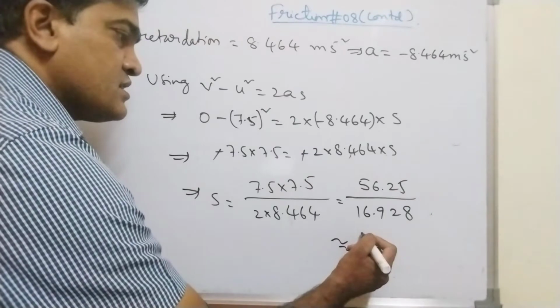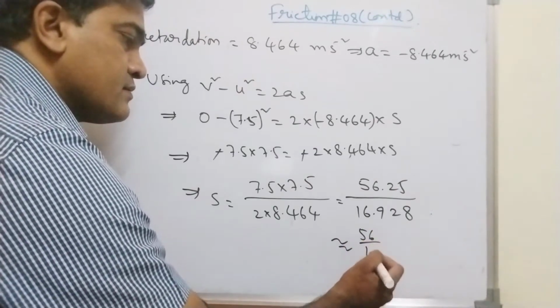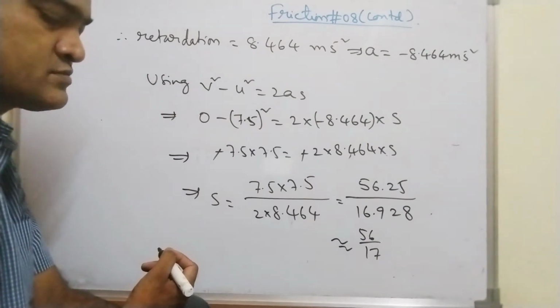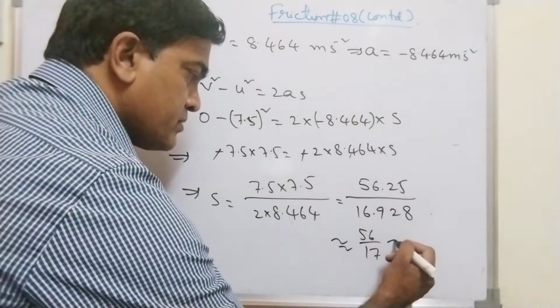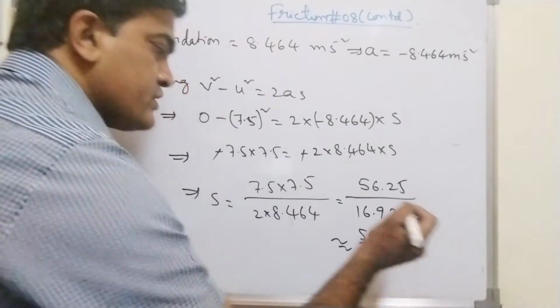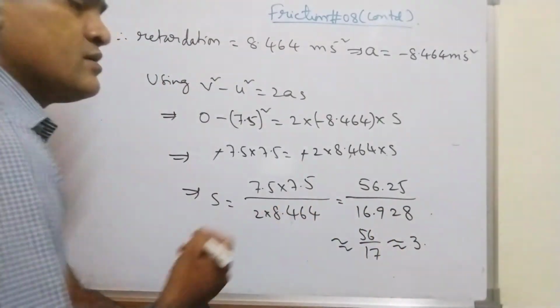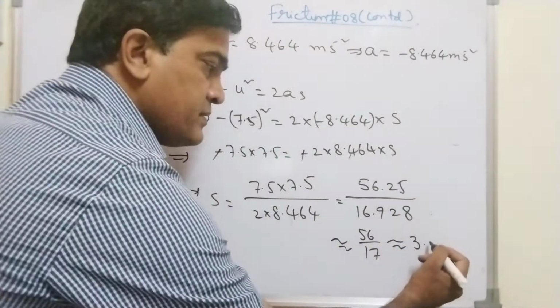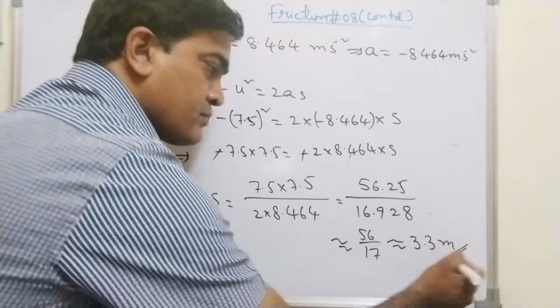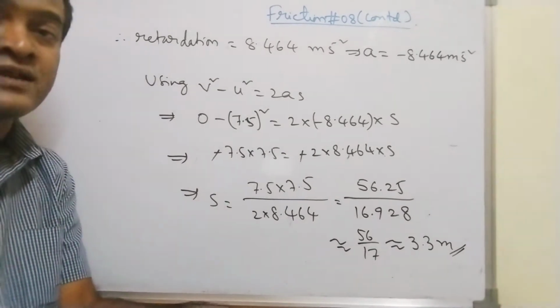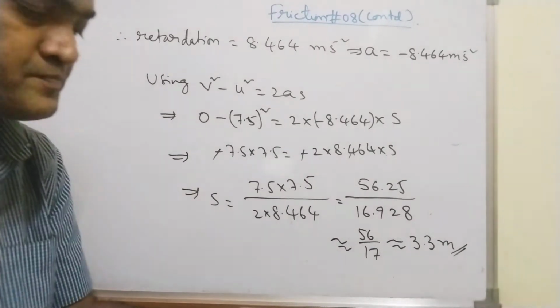Let me take this as 56 by 17, approximately 3.3. Roughly you are getting the distance travelled by the car as 3.3 meters.